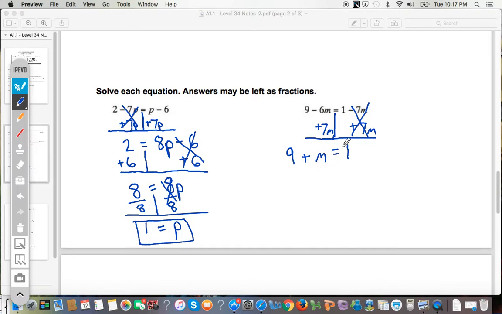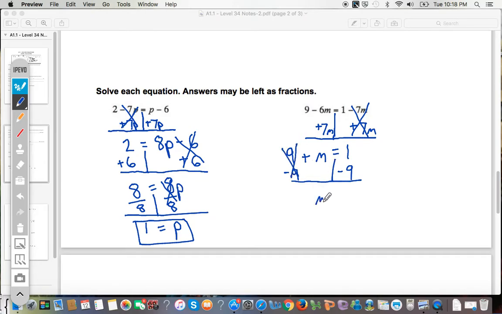If you're confused about this at all, you can just bring down the 9 to start off with, and then do the math with the m. So then you have negative 6m plus 7m. So this changes from a negative to a positive, because it's a positive m, negative 6m plus 7m. Okay. T-chart here. I'll subtract 9, get the m by itself. 9's cancel.